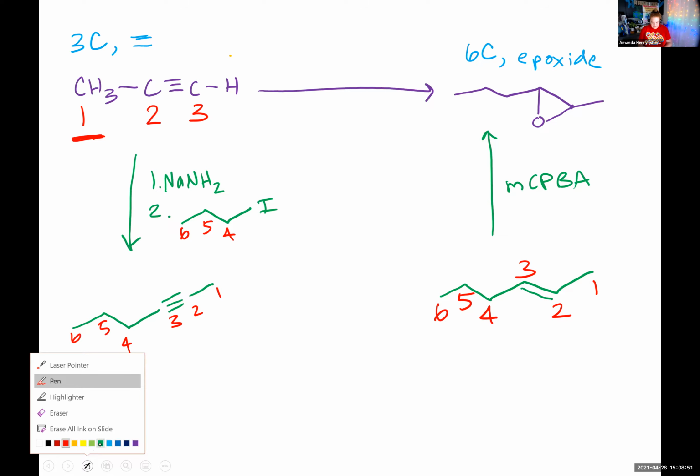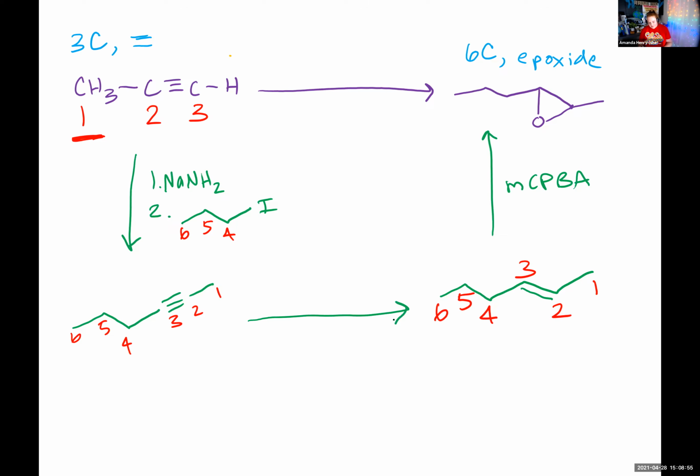Now there's not really any stereochemistry shown in our final product. There's no dashes or wedges. I did draw my alkene as trans, so let's use the reagents for that because we've already used the ones for cis. Do you remember what reagents we need to use to go from an alkyne to a trans alkene?